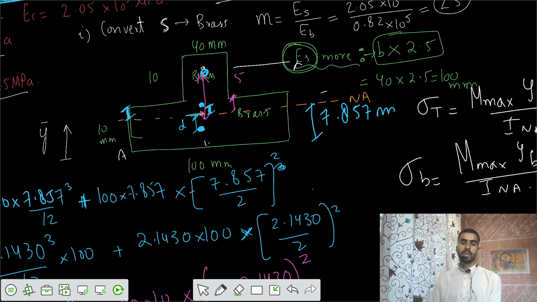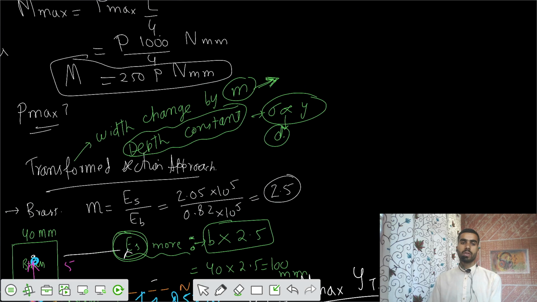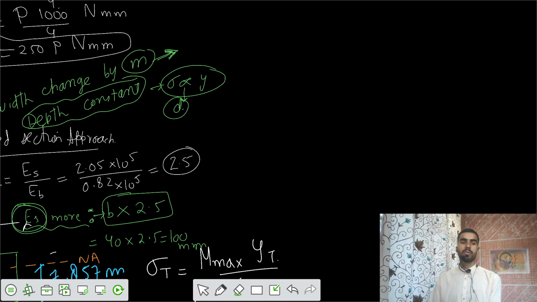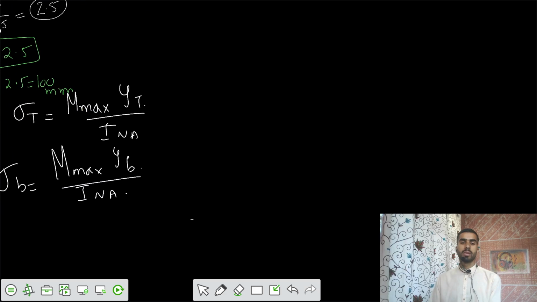So for sigma top, the value of M max was 250 P Newton mm. And you have y top.